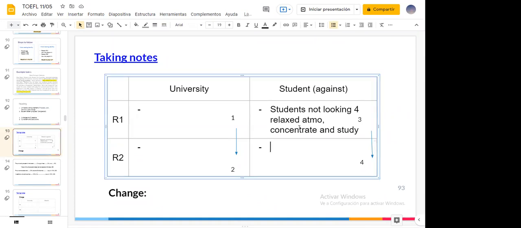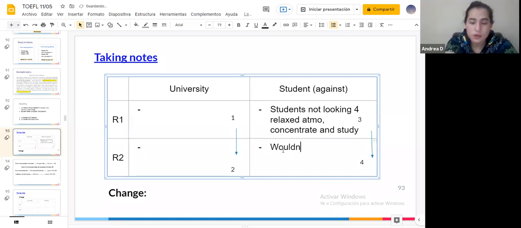The students wouldn't like the classical music. Okay, so they wouldn't like it. So what does that mean? It means that the students are going to bring their MP3 players and listen to their favorite music. Good.